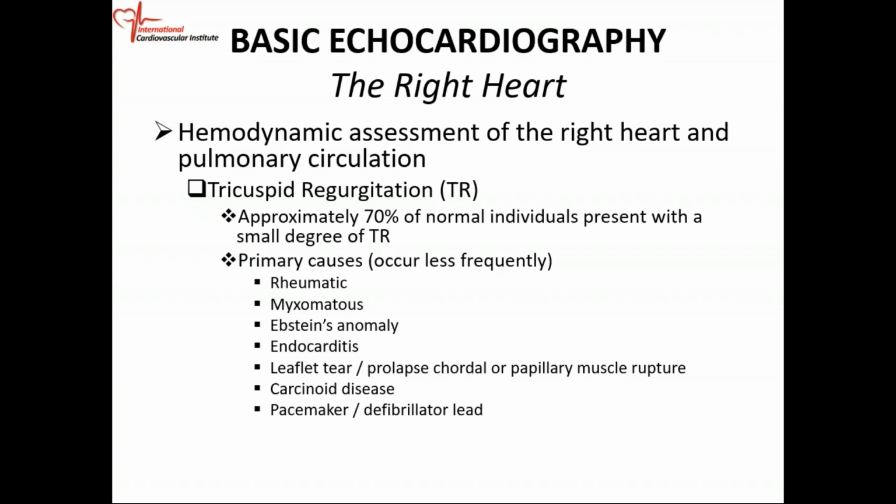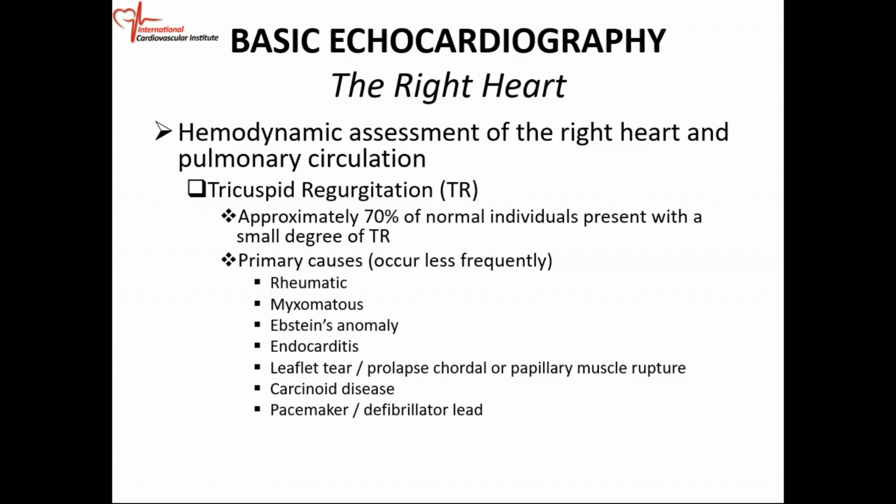So what are some of the causes of tricuspid regurgitation? We have primary causes. When we say primary causes, these are conditions that affect the valve itself. The valve is involved in the disease. Rheumatic heart disease, you can have direct involvement of the tricuspid valve.